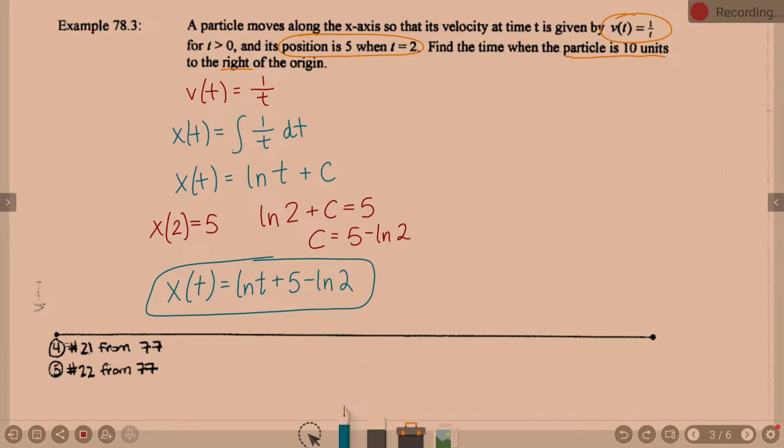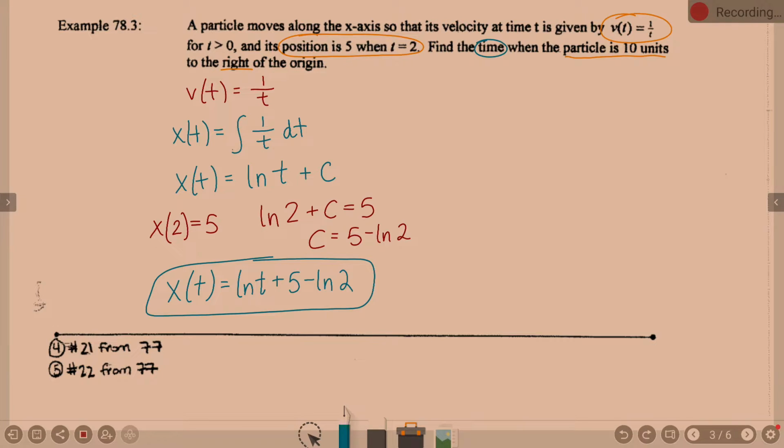My constant is in 2 pieces, but we'd rather have an exact constant than an approximate constant. You don't want to round and give me a decimal. Okay. Find the time when the particle is 10 units to the right of the origin.